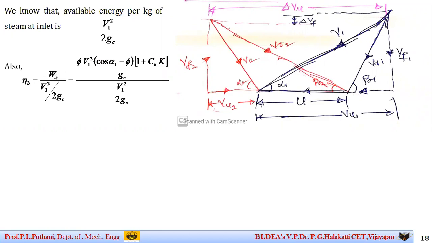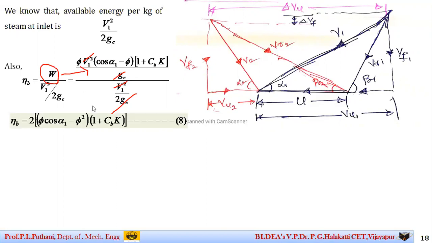The W value we have derived just now: phi V1 square into cos alpha 1 minus phi into 1 plus CBK by GC, divided by V1 square by 2 GC. GC gets cancelled, V1 square gets cancelled, and you are left with 2 phi cos alpha 1, and phi is multiplied inside the brackets.